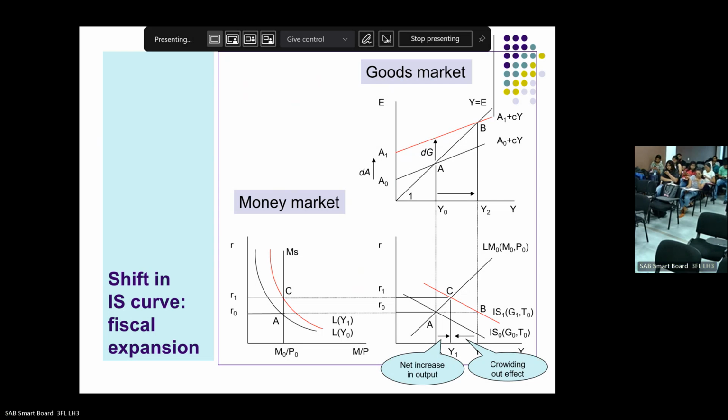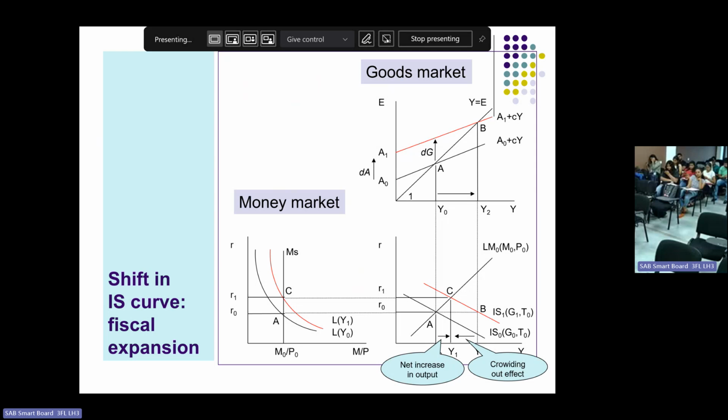But due to a rise in the interest rate, because of the money market adjustments, we know that an increase in the interest rate will reduce private investment. That's why you see here the crowding out effect, and the income level declines from Y2 to Y1. That explains the crowding out effect.